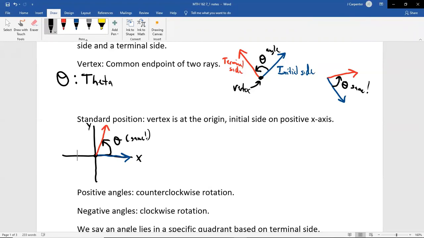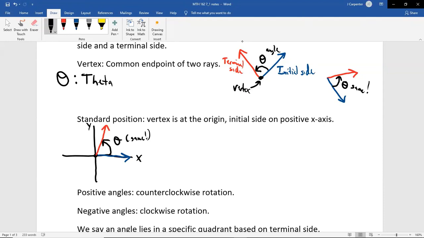Now, I mentioned that the initial side doesn't have to be over here and the terminal over here. They can be swapped. You can, if you really want to, say that the initial side is here and that the red one is going to go below. So it's a matter of whether you want to rotate clockwise or counterclockwise. Positive angles rotate clockwise.